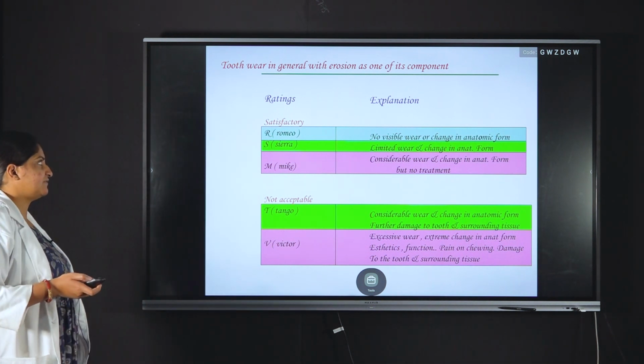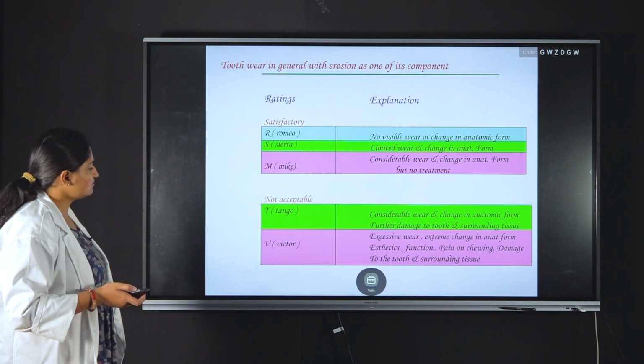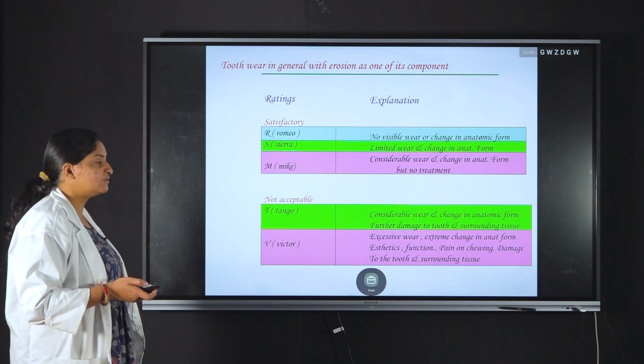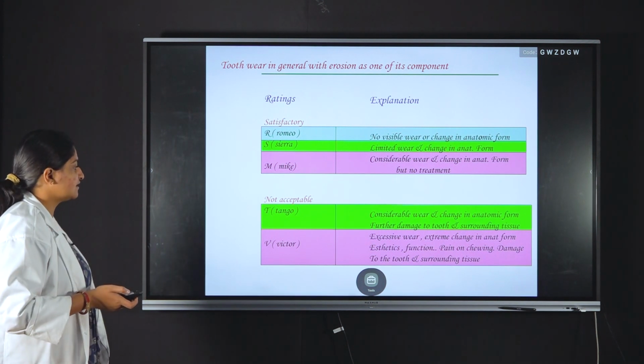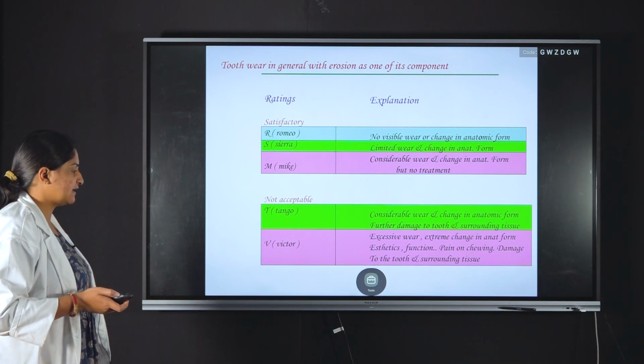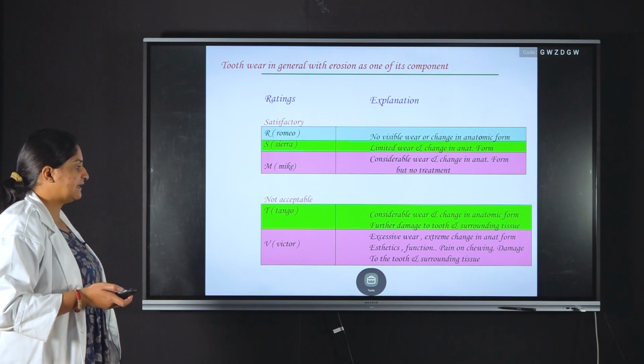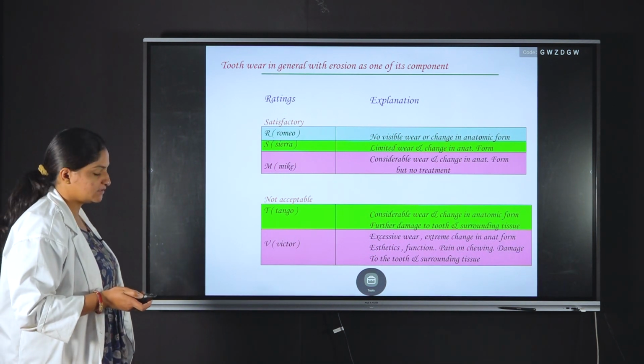These are all satisfactory. Then T Tango, considerable wear and change in anatomic form, with further damage to tooth and surrounding tissue. Victor, excessive wear, extreme change in anatomical form, affecting aesthetics, function, pain on chewing, and damage to tooth and surrounding tissues.